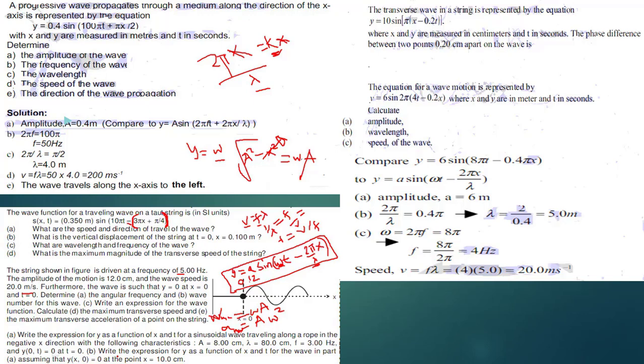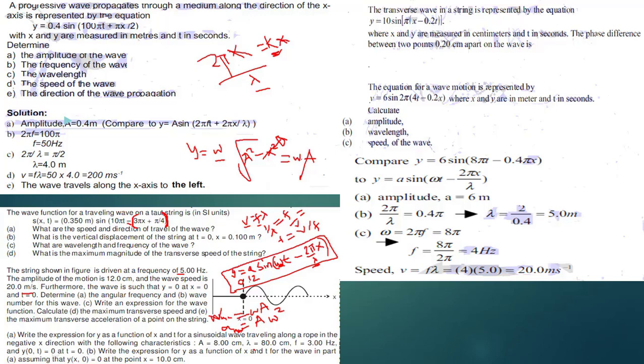Okay, the first question was write an expression. Ni kama hapa tu, we have amplitude tumepewa ni 8 cm ambao ni 0.08 meters. We have the angular velocity ambayo tunaweza tukapata kwa kutumia 2 pi f, frequency tumepewa, so we put it hapo. And we have the 2 pi over wavelength tumepewa, so we can write the equation just like that.